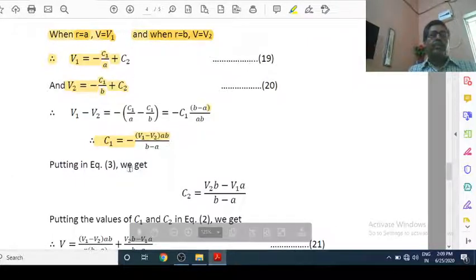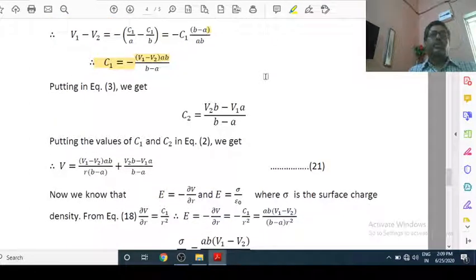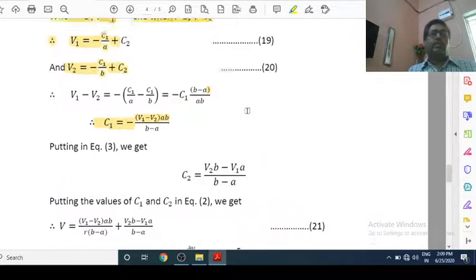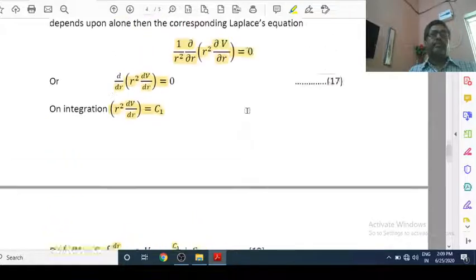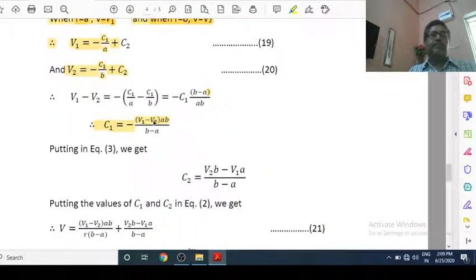And putting this in equation 3, actually it will not be 3. It will be 17, 18, 19. So correct it. This will be 19 here. By mistake, a printing mistake actually.